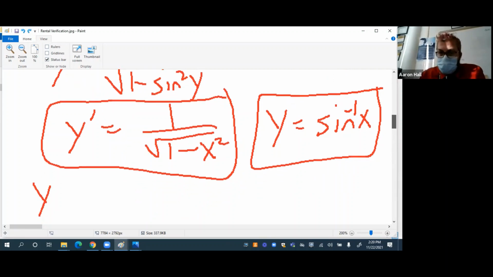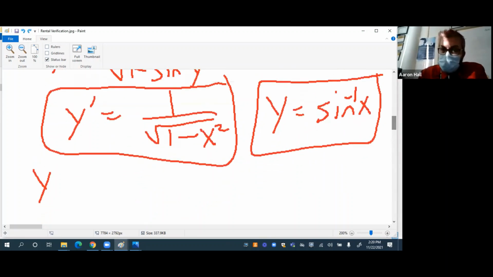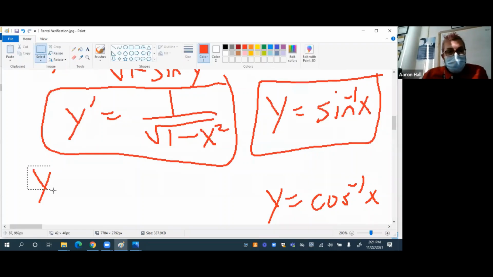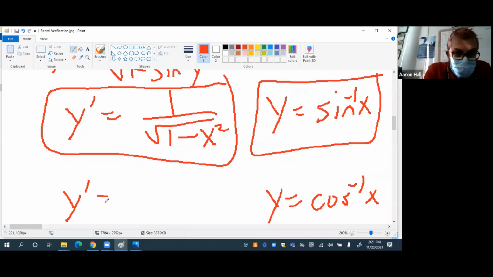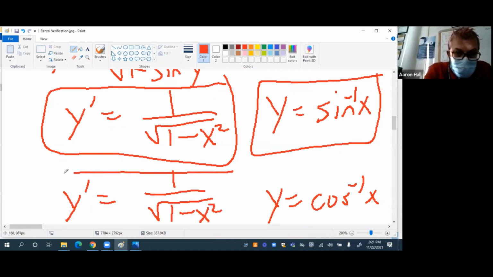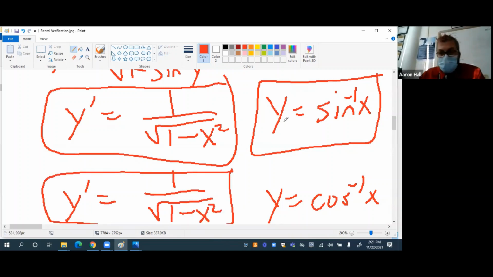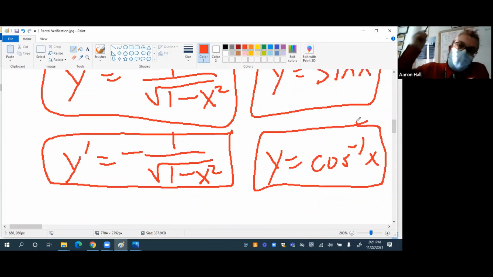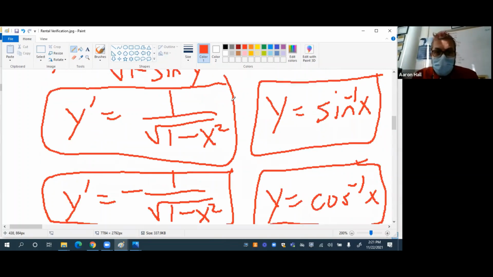Any guesses what it would be if we have the inverse of cosine of x? Yeah, just make it negative. These are actually easier. If you have the first one memorized, then the co-function is just negative.